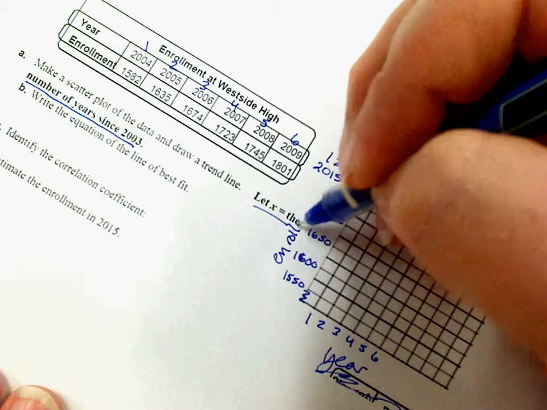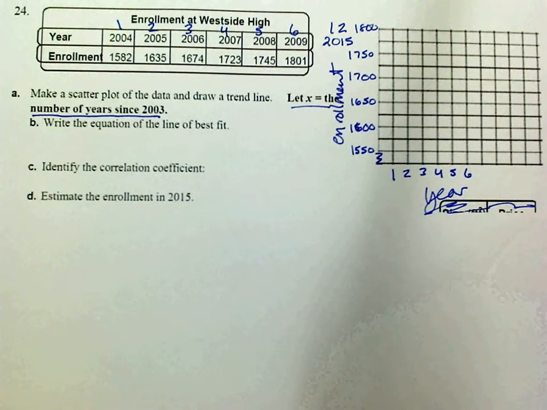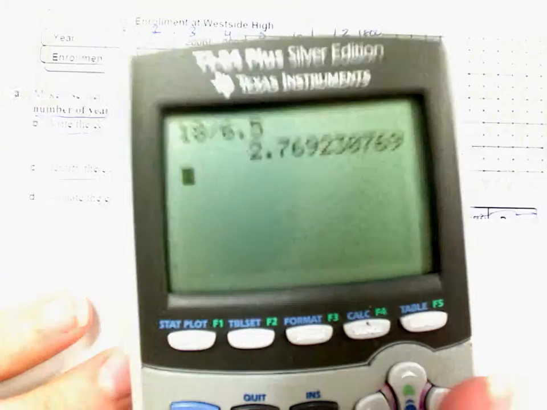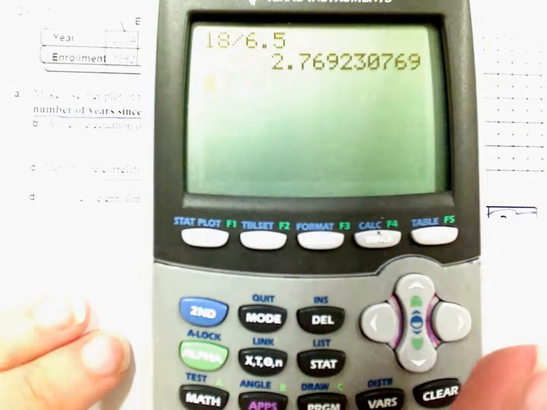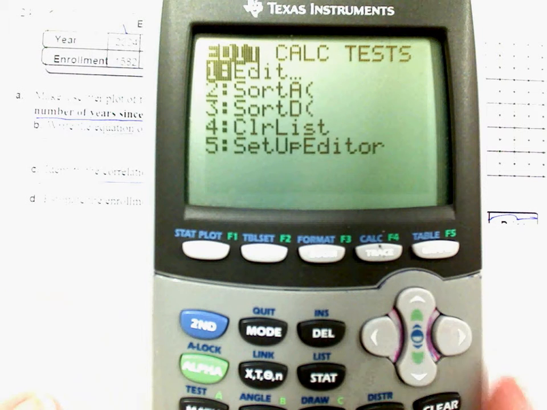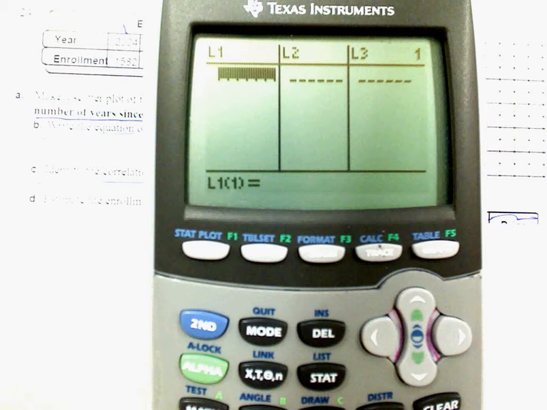Okay, I want to find the equation of the line of best fit and the correlation coefficient in the calculator. So what do we do? Stat, edit. Okay, so 1, 2, 3, 4, 5, and 6.